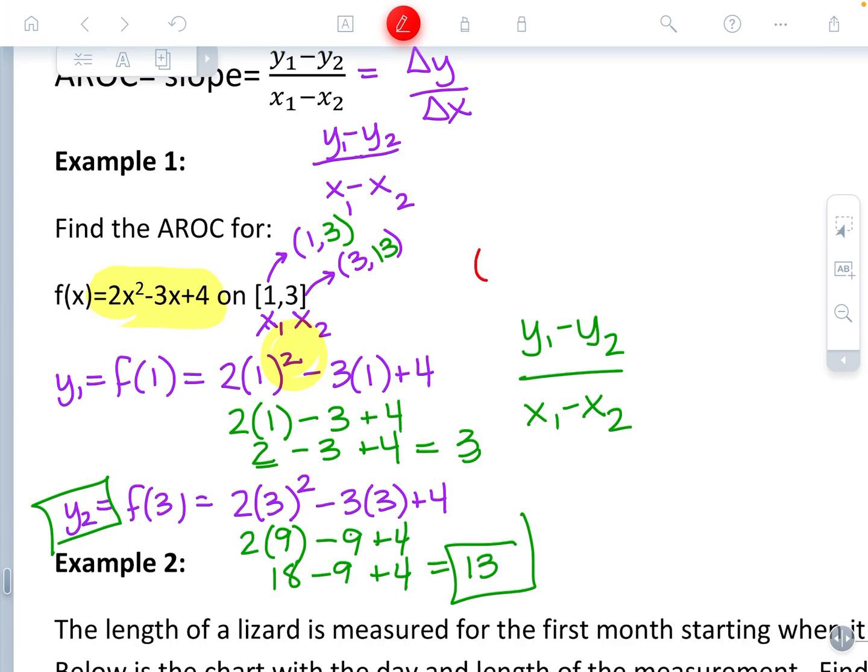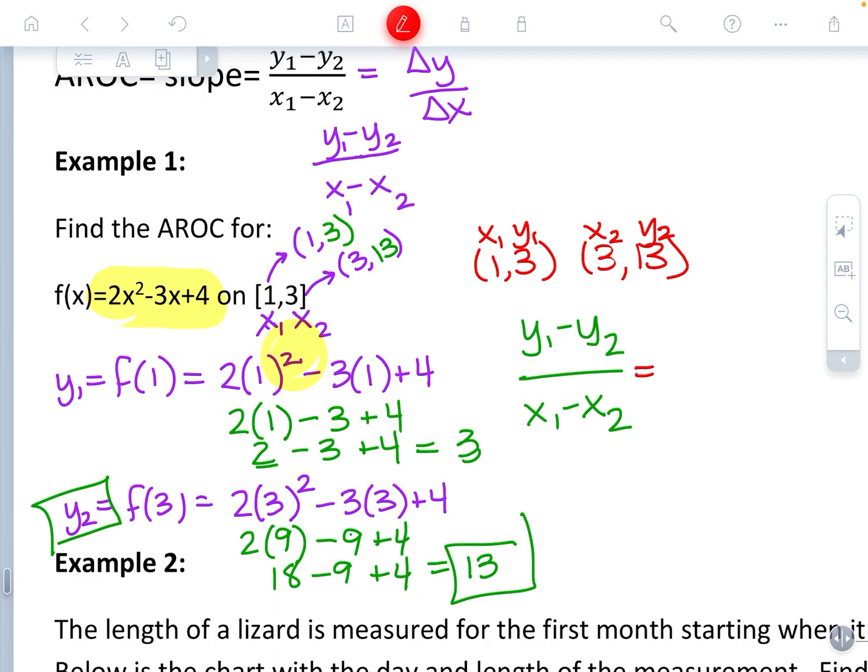So I'm going to write my points up here. 3, 13. I know this is an x, this is y, this is an x, this is y, and I'm going to just choose one of them to be first. And I already had it over here, but I'm losing track. So this way I have them all really close to me and I can just plug them in.